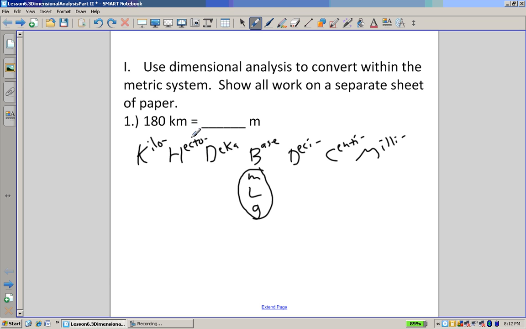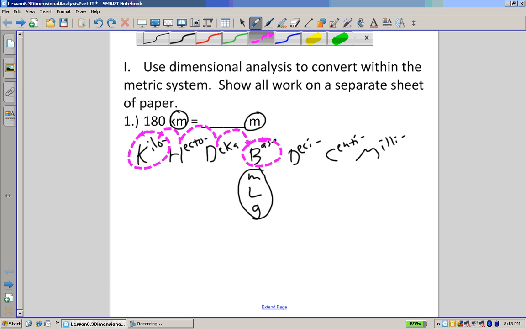So these are my base units here, and these are the rest of my prefixes for the metric system. Now what I'm going to be doing is going from kilometers to meters. So here's my kilo. Here's my base unit, which meter is one of the basic base units. From kilo to the base unit, I'm going to go to the right. 1, 2, 3.